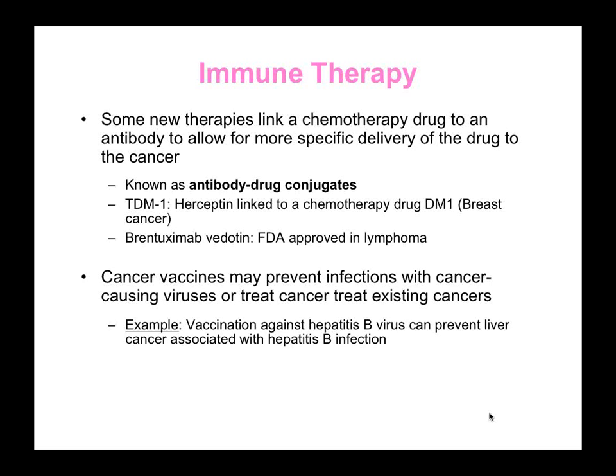They've been primarily used in terms of prevention. So cancer vaccines may prevent infections with cancer-causing viruses in addition to potentially treating cancers that are existing already. One very good example of how vaccines can be used in cancer is the hepatitis B virus vaccine.